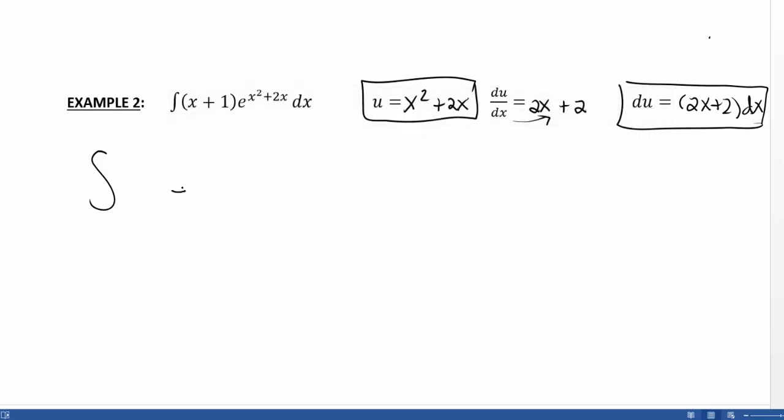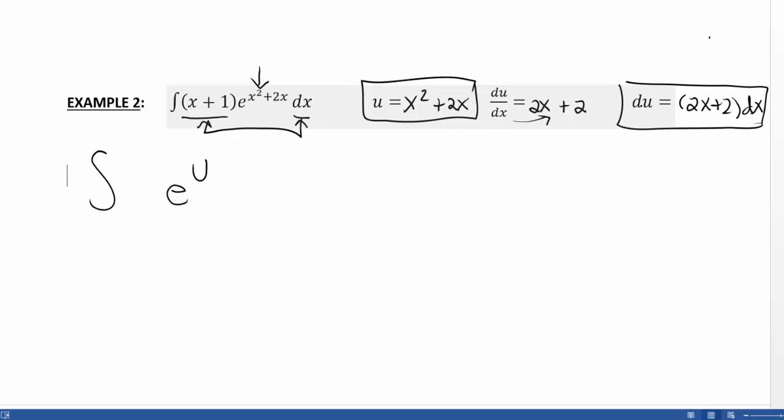I start by plugging in u instead of the power x squared plus 2x. Then I want to evaluate what's left. What's left here is an x plus 1 dx. I come over to my du, and I see that I have a 2x plus 2 dx. That's slightly different. So now I need to determine, am I different by a function, like an x, or am I just different by a constant?